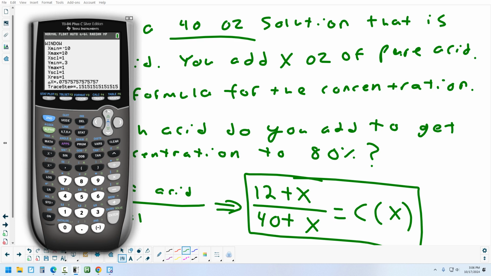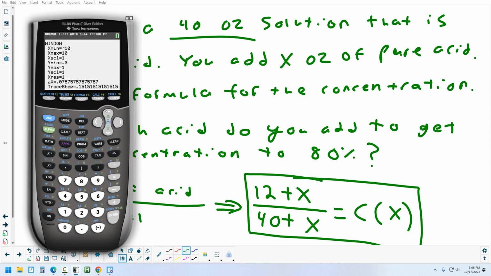What's the smallest amount of acid that we could pour into the mixture? Could we pour in negative 10 ounces? No, that's too small. 1? We could go less than 1. 0.001?